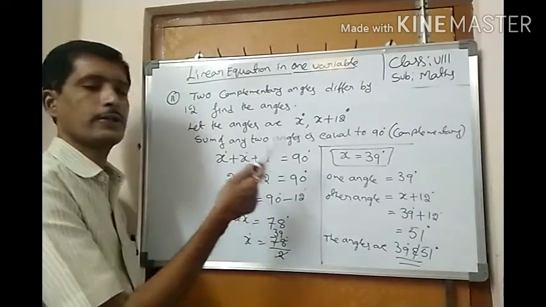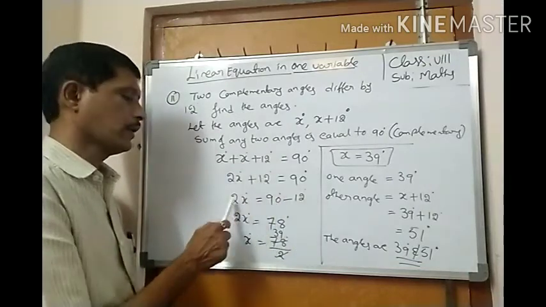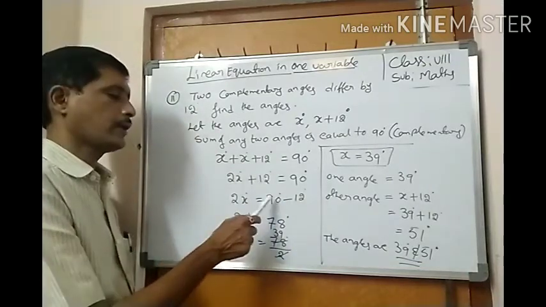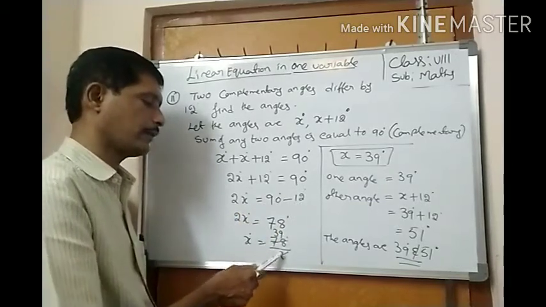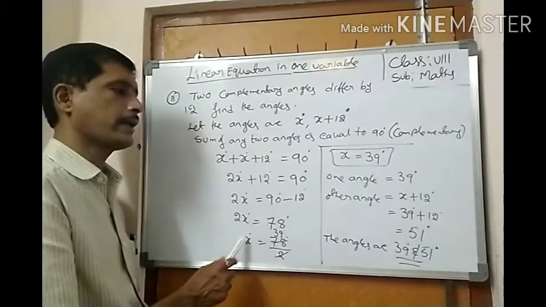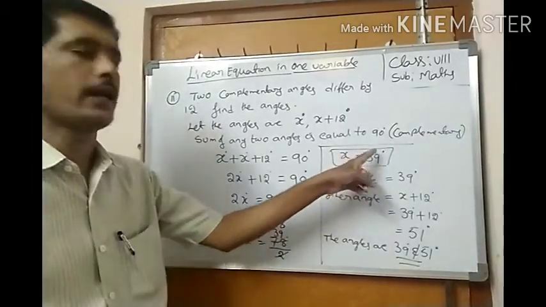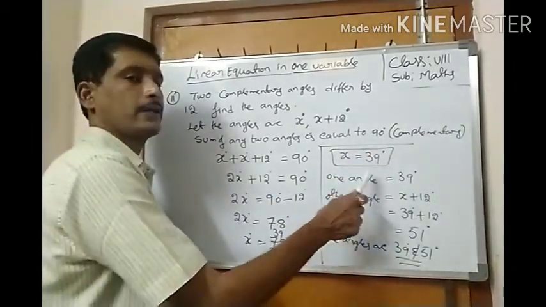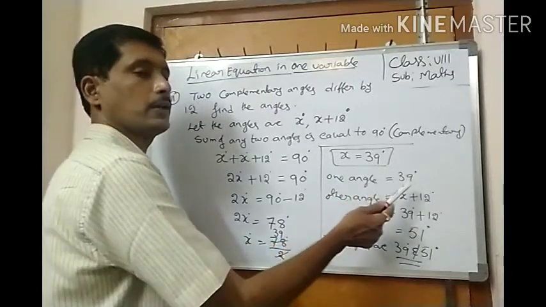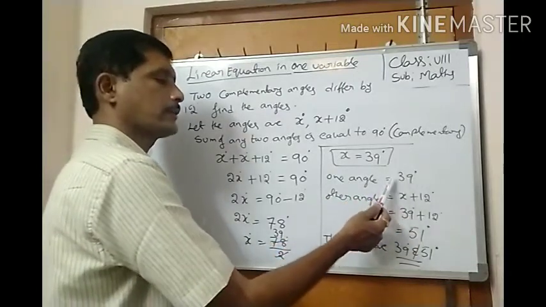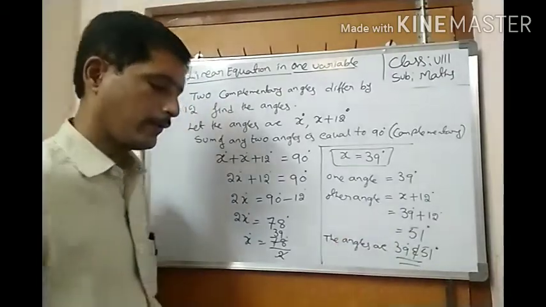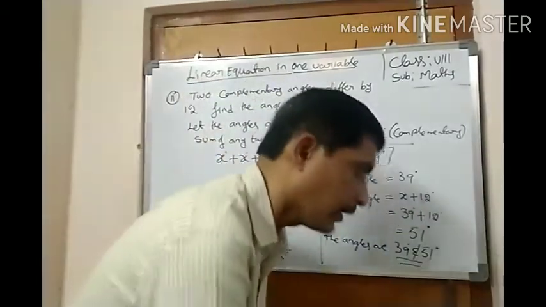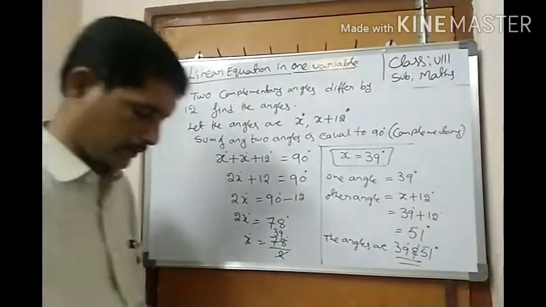This 12 is changing sides, 90 minus 12, therefore 2x equal to 78 degrees. Therefore x equal to 78 by 2, that is 39 degrees. One angle equal to 39 degrees, other angle equal to x plus 12, that is 39 plus 12, that equals 51 degrees. The angles are 51 and 39 degrees.